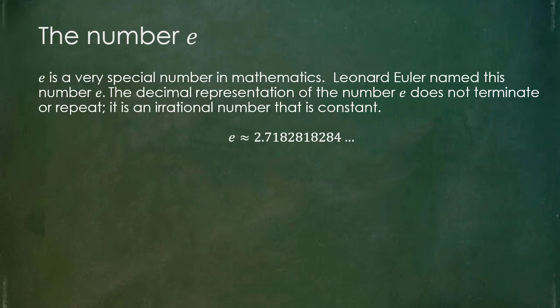In this case, it came from Leonhard Euler, who ended up naming it, hence the e being the value. It does not ever terminate or repeat, meaning it is irrational, and it happens to be constant, so it's not like you ever have to solve for e. So if you ever see this lowercase e in an expression, it's not a variable, it just is representing this idea of about 2.72-ish, or as you can see, it's a decimal that just keeps going on and on and on.